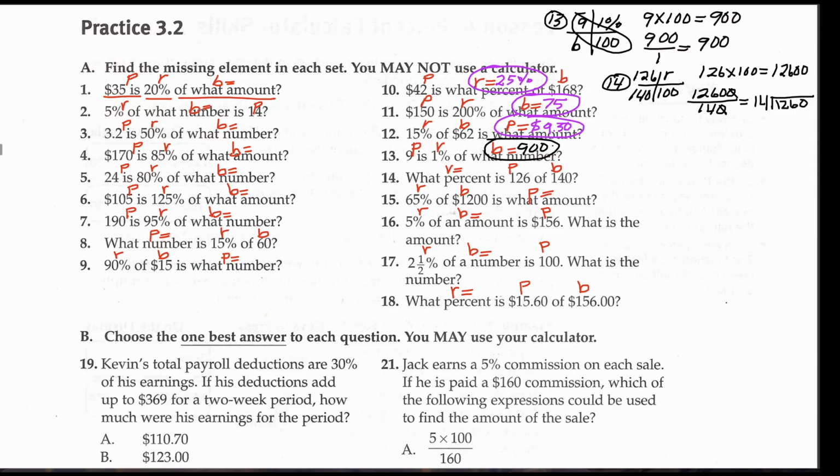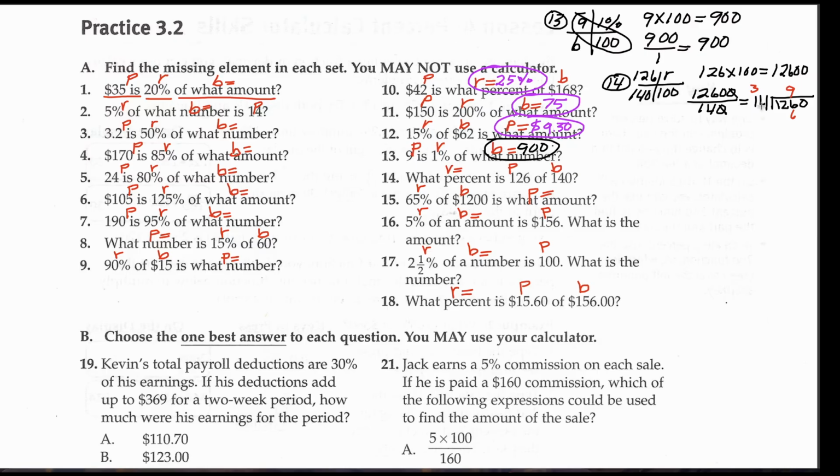Okay, now let's solve for that. How many 14s in 126? That's the question. The biggest number you can have is a 9. So let's try 9. 9 times 4 is 36.